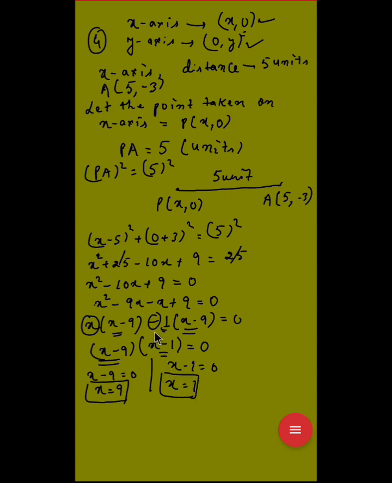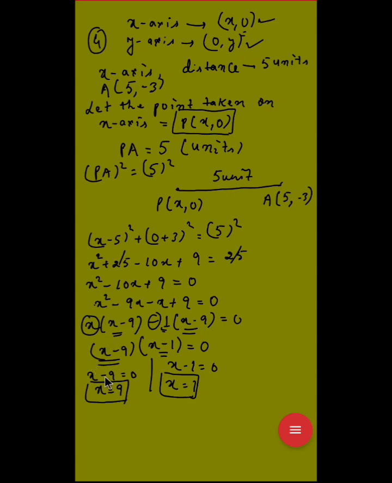Now the need of the question is that you find the point on the x-axis and you must define the point. So we consider the point P (x, 0), and you must finalize your answer in that particular format.